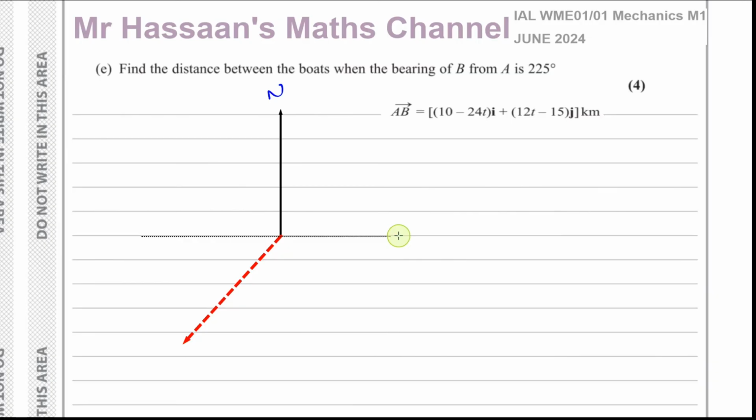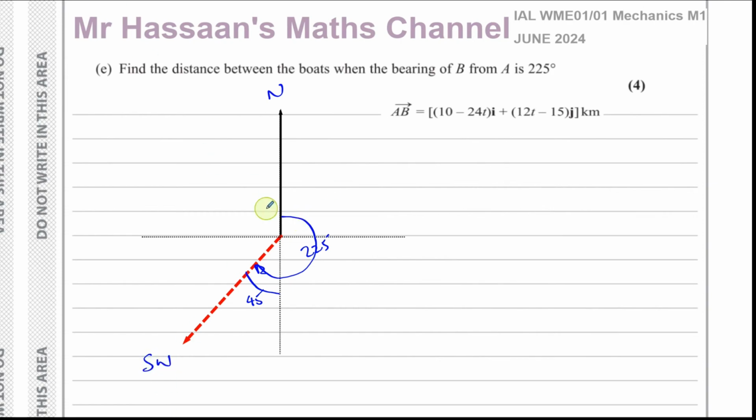All right. So if we just draw these lines, we see that this is basically the angle we're considering. The bearing is from the north line clockwise. So that's 225 degrees, which means this angle here is 45 degrees because it's 225 minus 180, which means that this is the direction exactly southwest.